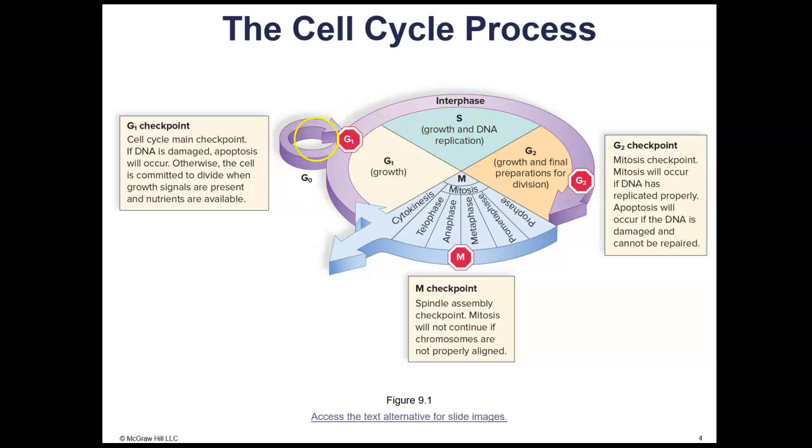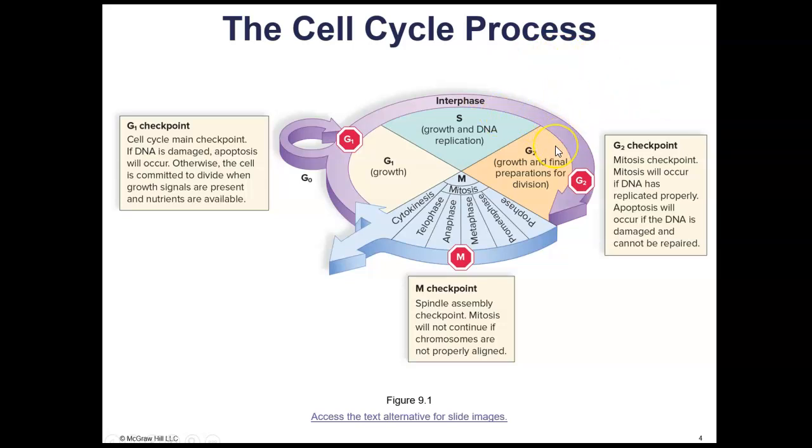So if the DNA is not damaged at the G1 checkpoint, then the cell will move on to the S stage of interphase. And this S stands for synthesis. So this is when the cell will grow more and DNA will replicate. This is the DNA replication stage of interphase.